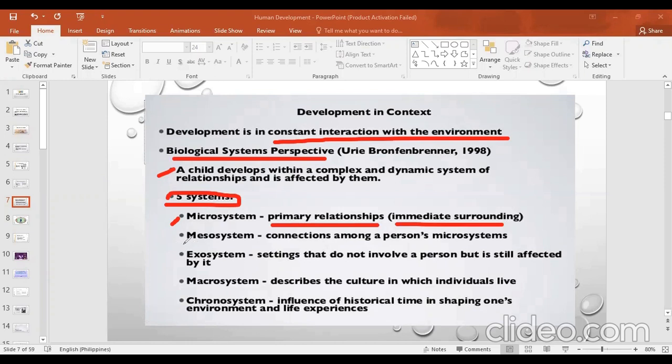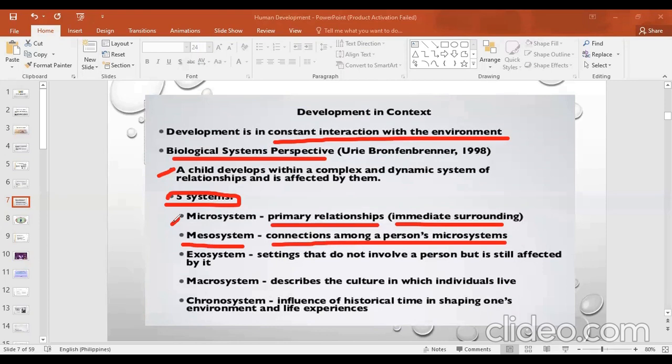Next, we have mesosystem. It is a connection among a person's microsystems. Kumbaga, kung yung microsystem, it has something to do with your family, yung primary relationships mo. In mesosystem naman, it is a combination of 2 or more microsystems.